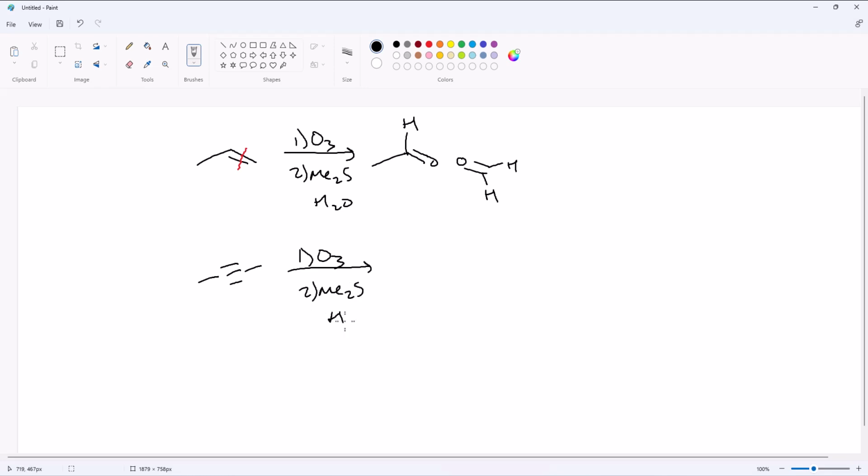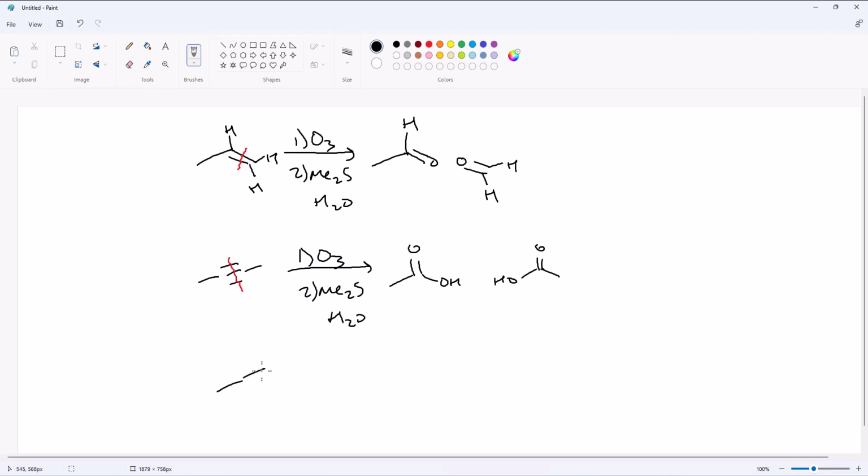With Me2S or H2O, it's similarly going to cleave that triple bond right down the center, except now, instead of having extra groups here, where we had H and we had HH, in this case we only have one group, so we're going to fill that extra position in with an OH. So ozonolysis on an alkyne generates carboxylic acids. Ozonolysis on an alkene generates carbonyls.